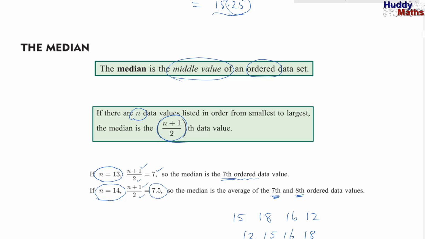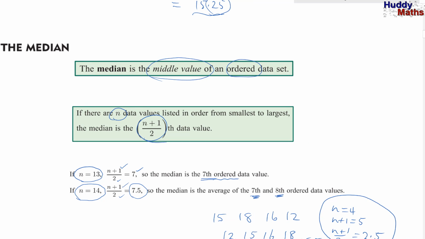So now, because there are 4 scores, let's say n is 4, so n plus 1 is 5, (n plus 1) on 2 is 2.5. So your median is halfway between your second and third score. Just remember this n here is the number of the scores, not the size of the score. So it's halfway between these two. So it is 15.5 would be your median score.